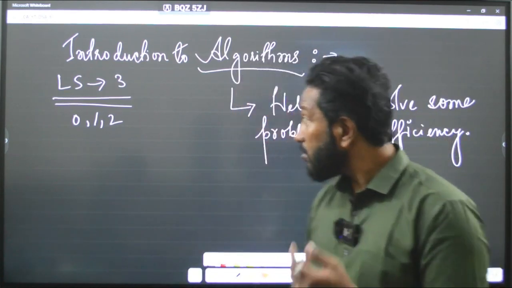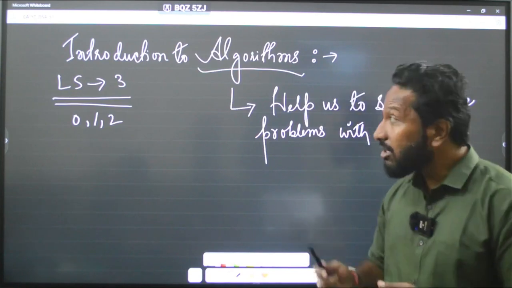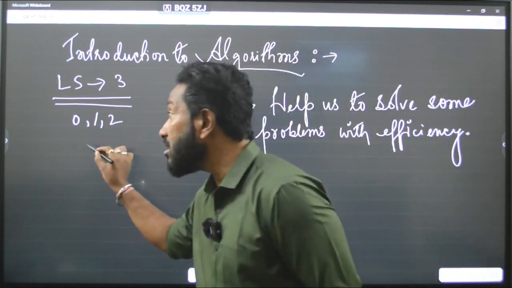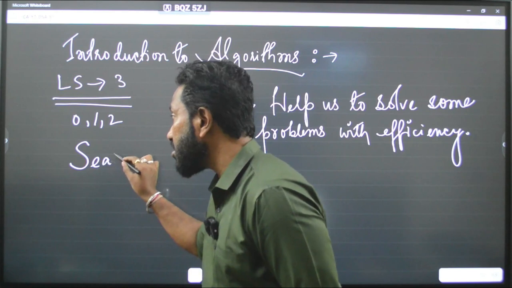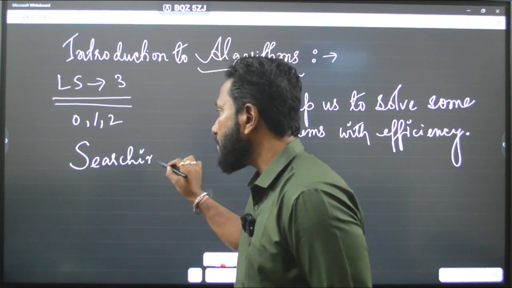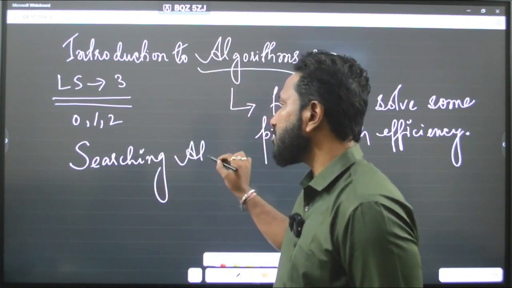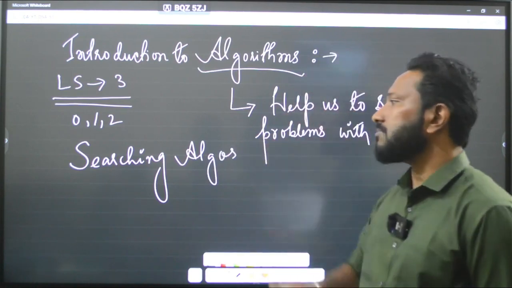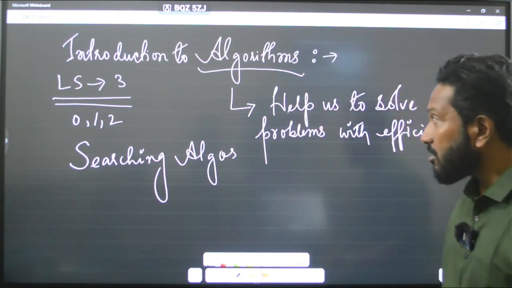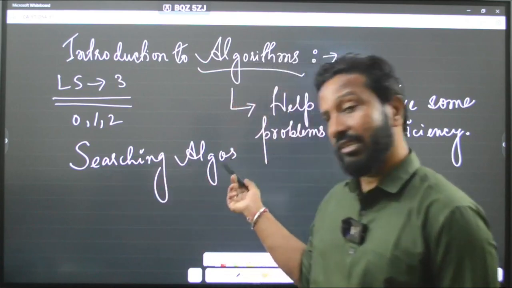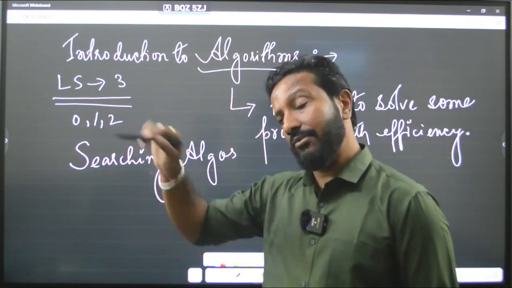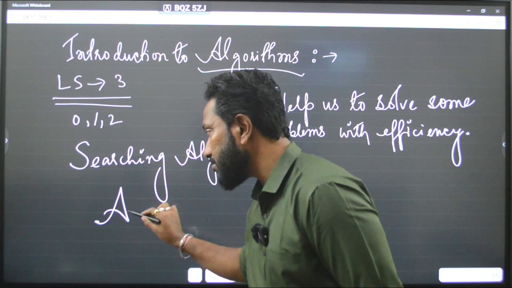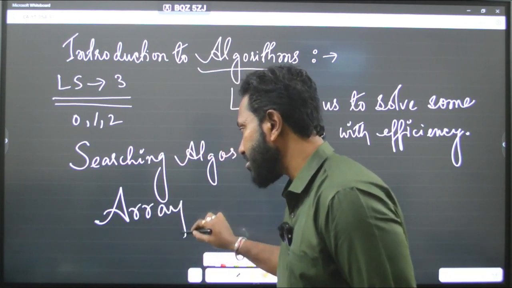Fine. So, as I was telling, today we will be starting with searching algos. Before learning the searching algorithms, yesterday and the day before, we had learnt about arrays and their types.